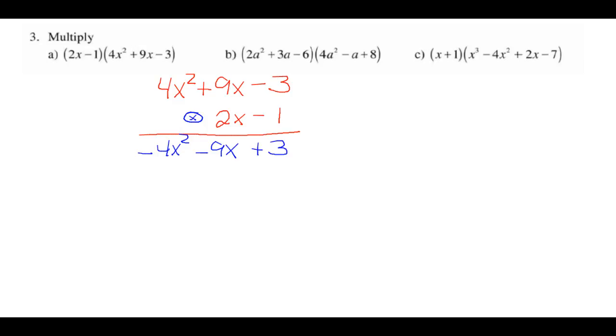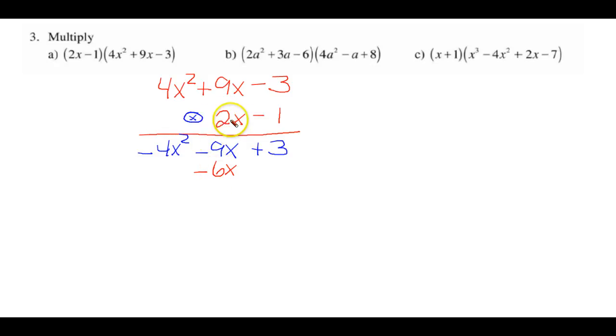Now what we're going to do is multiply this term by each of these, and we're being careful that when we get a product, we put it under our like term column. So 2x times a -3 is a -6x. Multiplying this by this and putting it under the like term column.